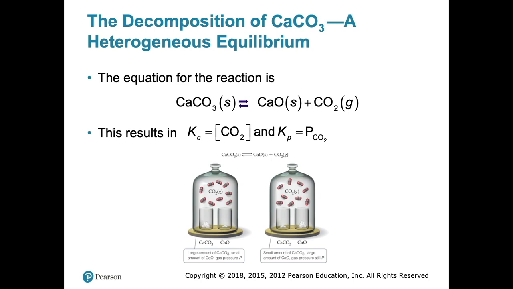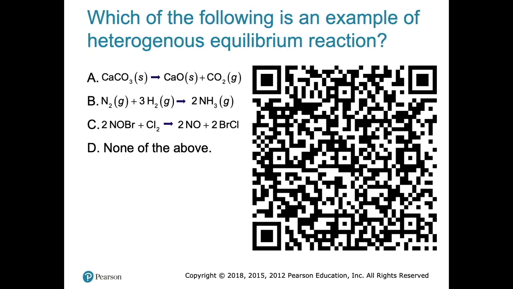But say you didn't let it out, and you put more in there and actually decreased the volume, what would happen is that it would move so that there would be less CO2 gas in there, and it would become more solid stuff. The exact opposite of the question I asked you the last time. So that's what that particular part of Le Chatelier's principle is talking about.